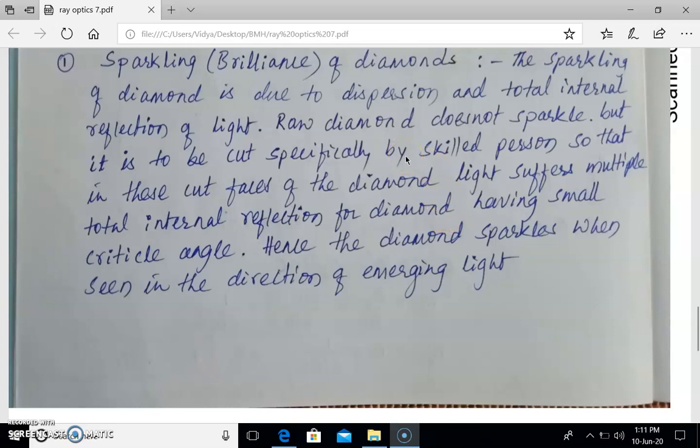The critical angle of diamond is different for these different colors, and the critical angle for diamond being small, that is 24 degrees, these colors undergo multiple total internal reflections, and different colors of light emerge through different cut surfaces of the diamond, giving the sparkling effect. Hence, diamond sparkles.